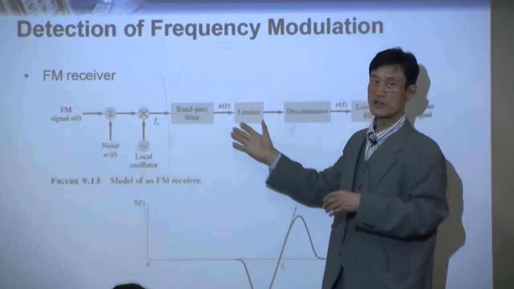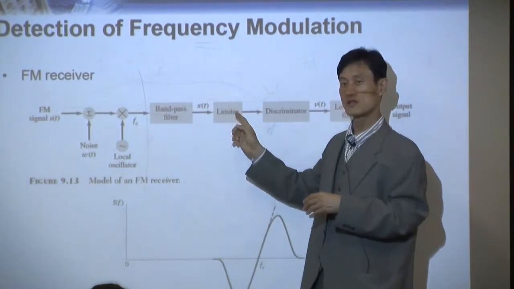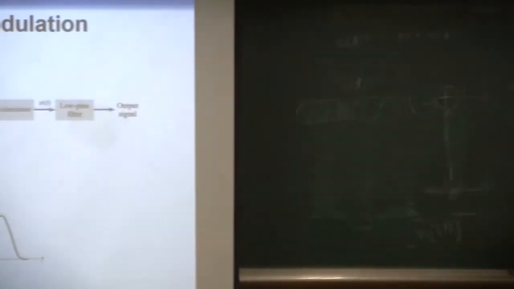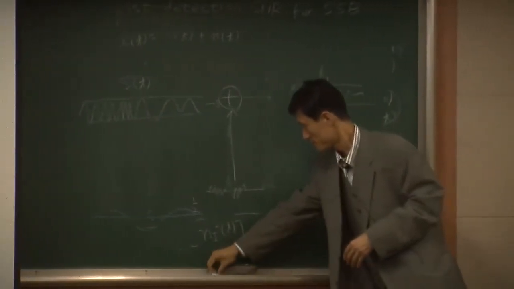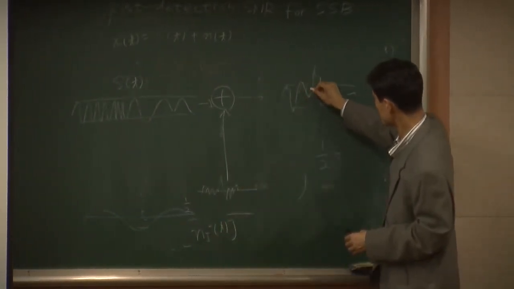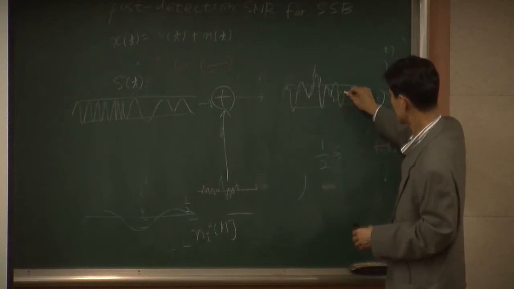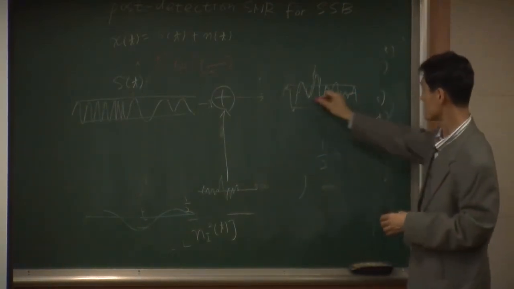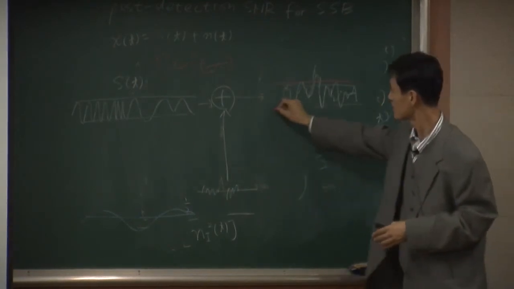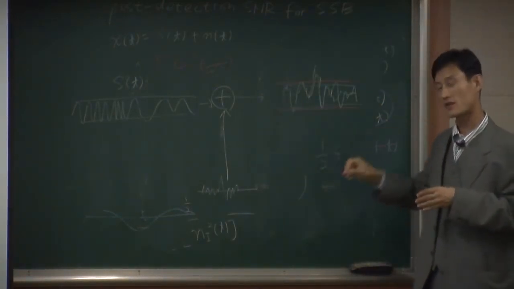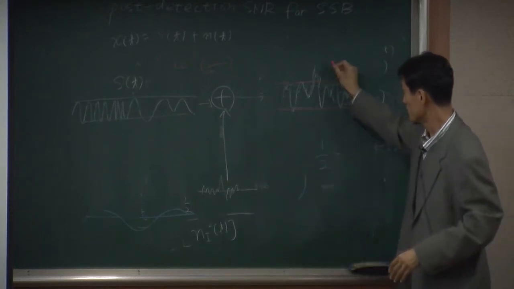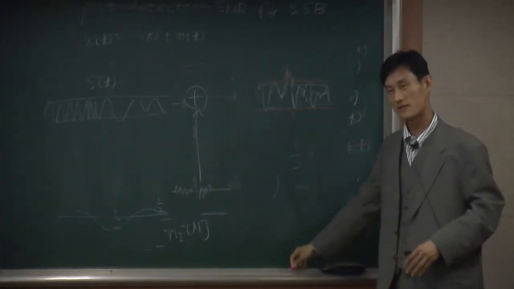So therefore, at the receiver, the first thing to do is the limiter. And what the limiter does is, when you get something like this, it just cuts it like that. Cut it. That's the limiter. Just cut. And then remove this and this.